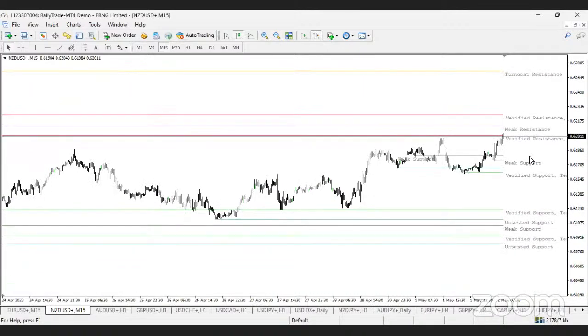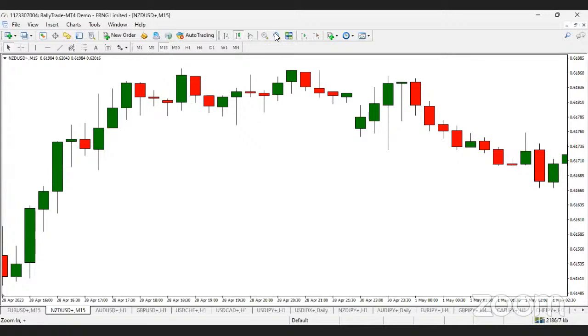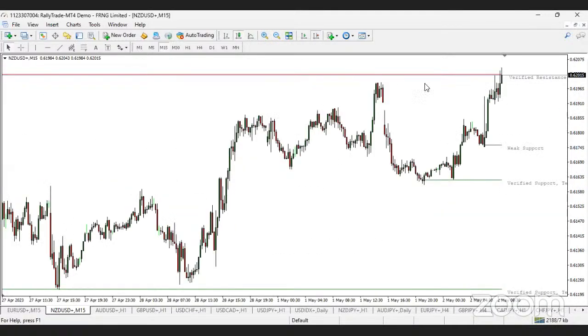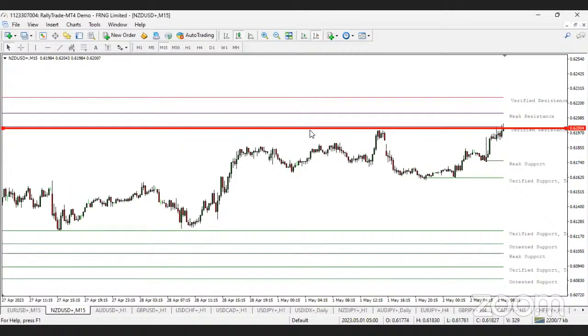On 15 minutes, out of the 3 reasons to buy, which one are we expecting? The one we're expecting is, because we want to buy, and presently price is in the area of a horizontal resistance, a breakout or a breakout and retest.